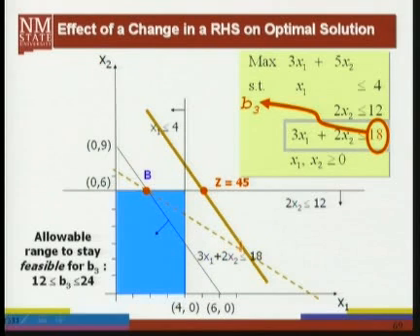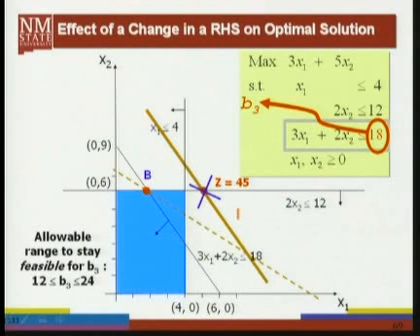However, if B3 is increased to 27, then the plant number 2 and number 3 constraints are binding at an infeasible point, because the plant number 1 constraint is not satisfied, right? That is the plant number 1 constraint. And the current basis will no longer be optimal.